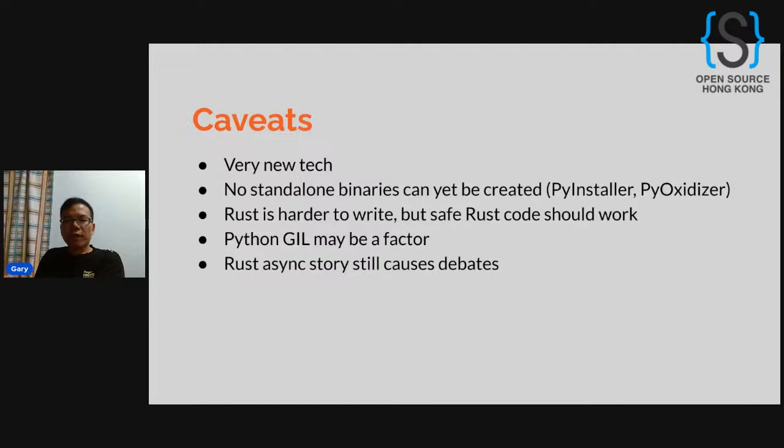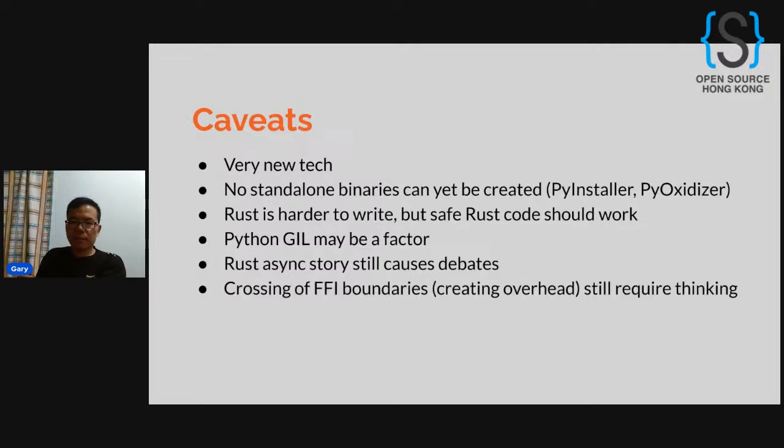On the contrary, the Rust async story is still causing debates. Something called Tokio is the go-to library right now. But as of right now, I think there isn't really a good standard library async Rust story yet. And as I said earlier, whenever you cross FFI boundaries between Python and Rust code, you still need to think about what your steps are.